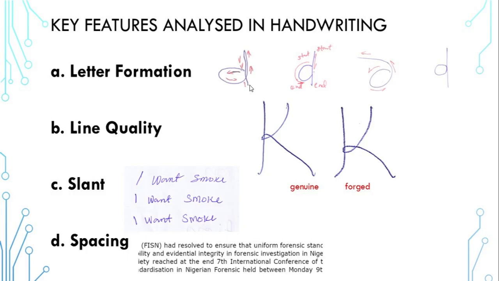Spacing is the space that you give between two letters, between two words, or between two lines. It is also the space that you give in your margins, maybe the right margin, left margin, or bottom margin, on papers that are not lined. When we were in primary school, we were taught to write the same way, to give the same space.